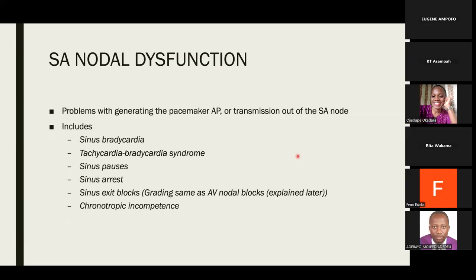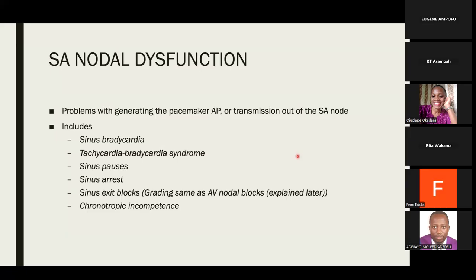Usually when we talk of a pause, it's just an issue of measuring the RR interval. It is stated that in an asymptomatic patient, a pause is significant when you have an RR interval that is at least 6 seconds. Whereas if the patient is symptomatic, then an RR pause of 3 seconds is considered significant.